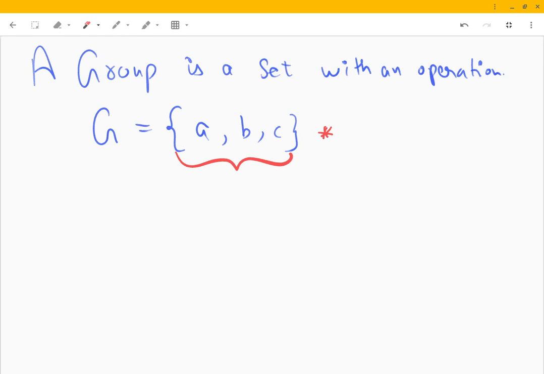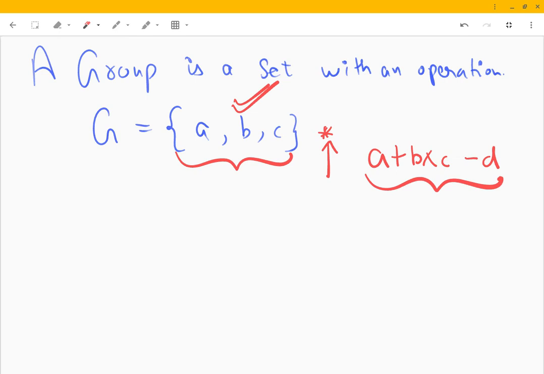Any function, a combination of functions, anything, like a plus b times c minus d, something like that. Anything, okay? So, a set and then an operation for the elements of the set, right?